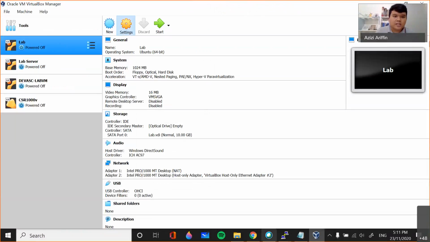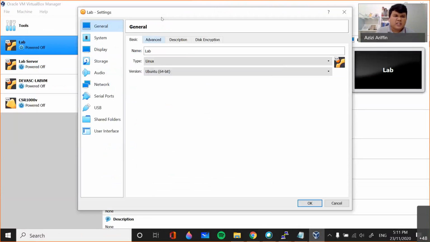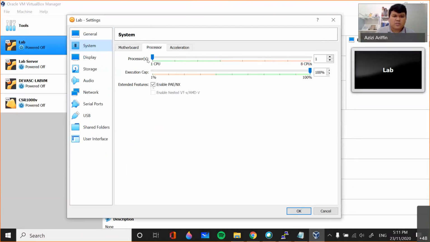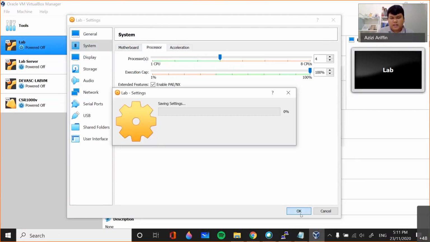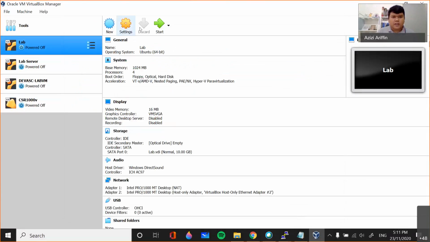So kita pergi kat settings ni. System, so untuk processor saya assign, saya exposekan the rest of my physical core dekat laptop. So saya assign kat VM ni 4 core dan hypervisor saya pakai Hyper-V. Right. Okay, kita run balik.